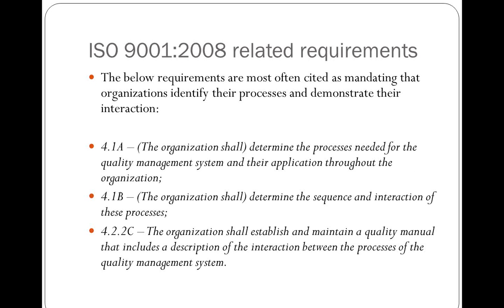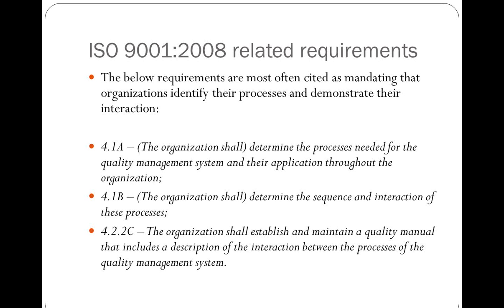In the current standard, 9001-2008, there's a number of clauses that are pointed to as a mandate for this requirement, and I've included the three most critical here. In 4.1a, it says that the organization shall determine the processes that are needed for the quality management system and their application throughout the organization.